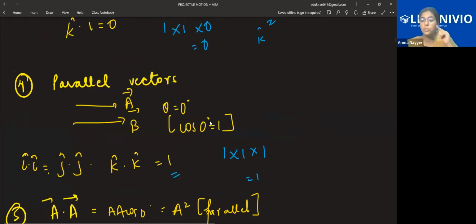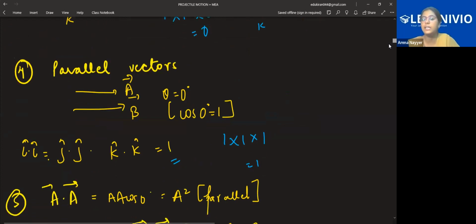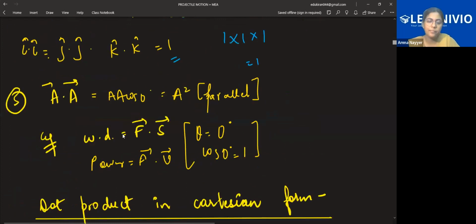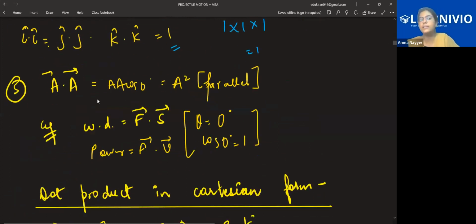Please remember it because you'll be getting questions where i cap and all these are multiplied. Last property. See, when two vectors are parallel, and suppose I have a dot a, and a cos 0 degrees is present, it means a into a. So I can easily write it as a square. You don't have to leave your answer at this step, you have to multiply it.